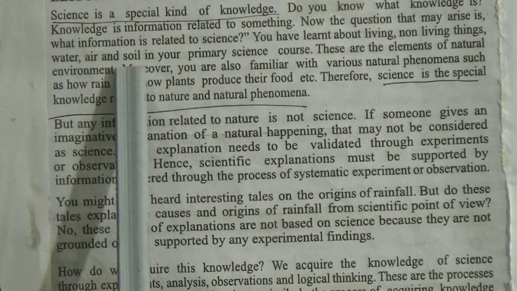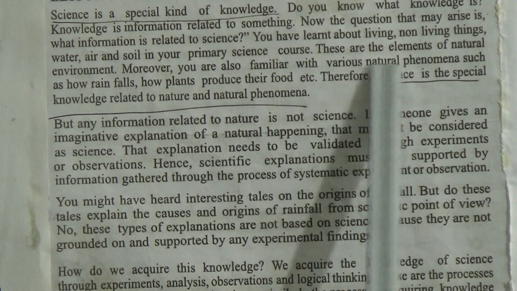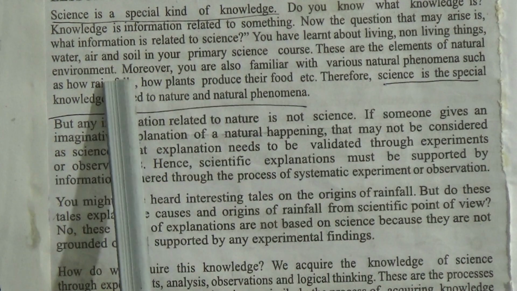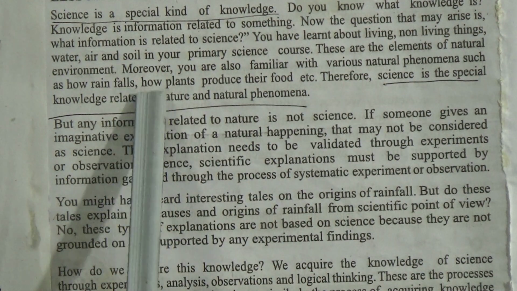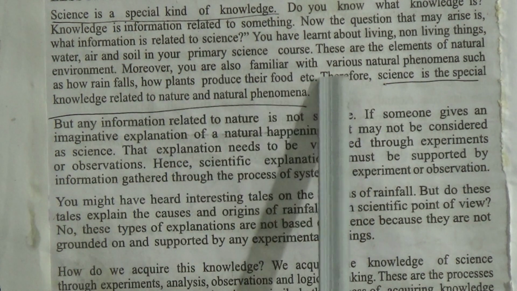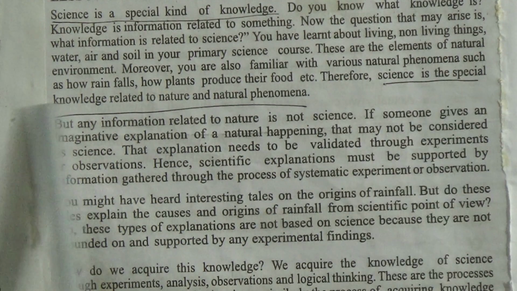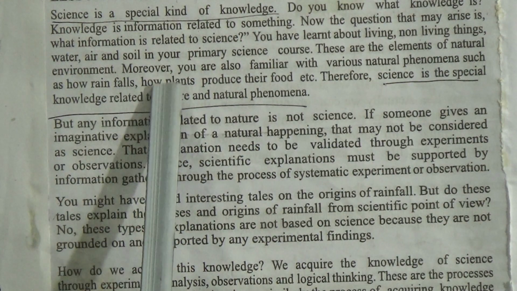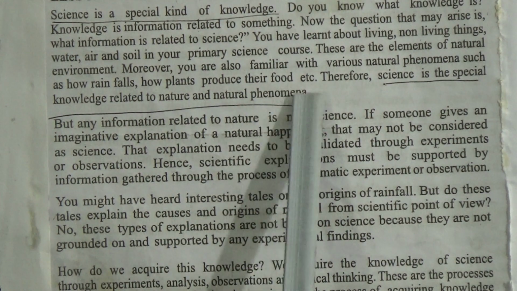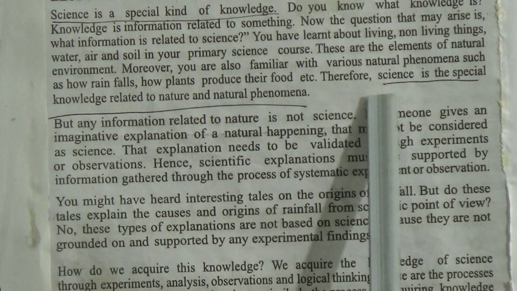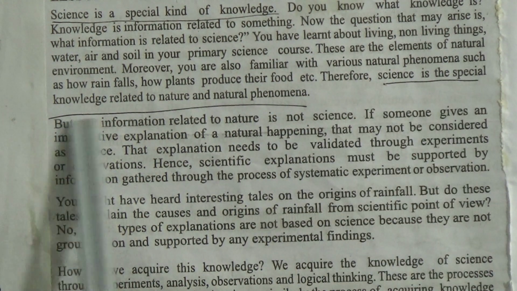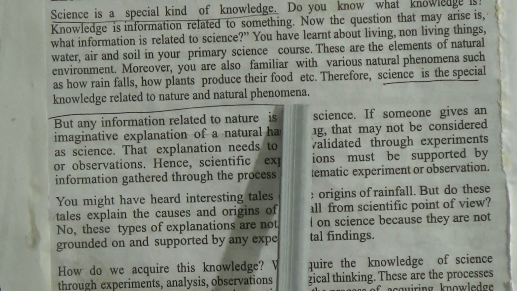You have learned about living and non-living things, water, air and soil in your primary science course. These are the elements of the natural environment. Moreover, you are also familiar with various natural phenomena, such as how rainfall happens and how plants produce their food. Therefore, science is the special knowledge related to nature and natural phenomena.